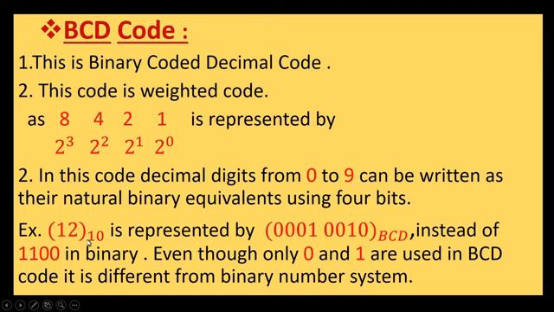Means, if 12 decimal is represented by BCD, it looks like 00010010 in BCD instead of 1100 in binary. Okay, is that clear?